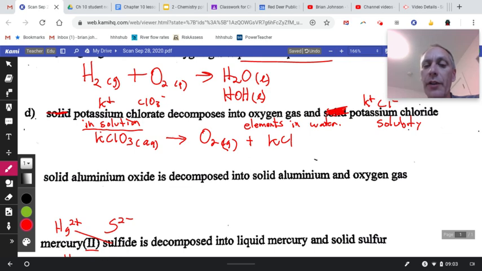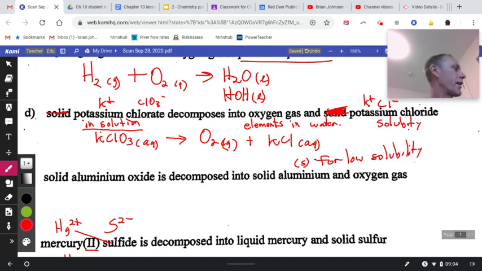So go look it up on your solubility chart. And you discover that it is very soluble, so we're going to write aqueous. If it was low solubility, it would be a solid. Solids for low. So you have to pay attention if water is present or not.